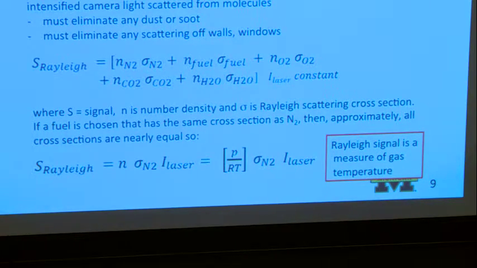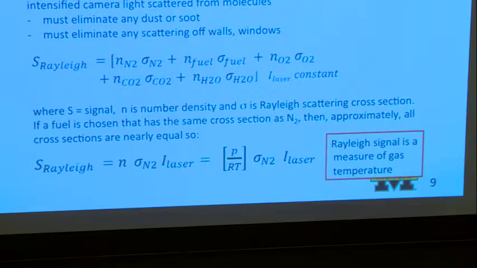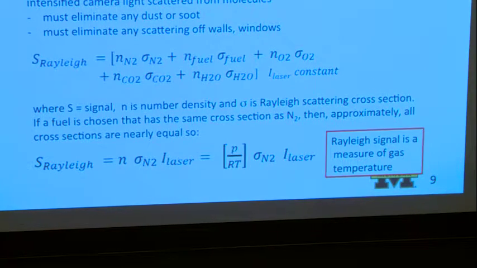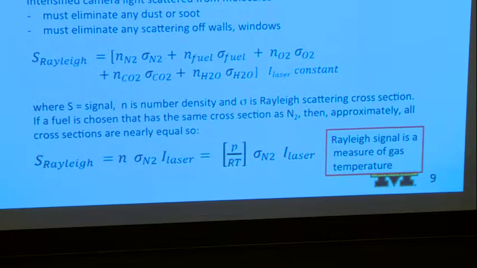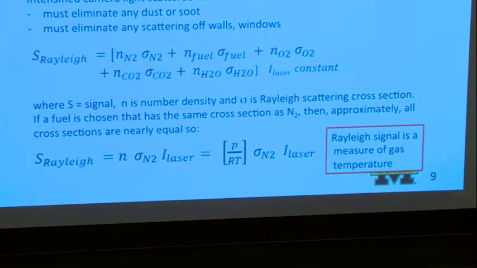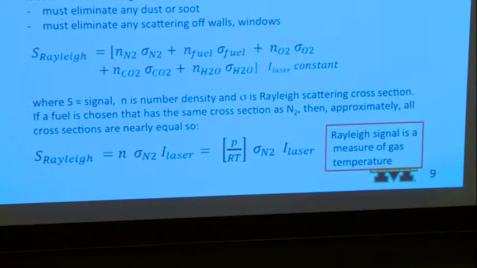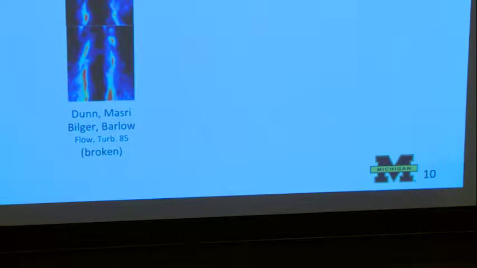So it should be R sub U. And now, if the pressure is the same everywhere, which it is in an atmospheric type flame like this, then you see that the Rayleigh signal is inversely proportional to the temperature. And so that's how people measure temperature in clean flames.